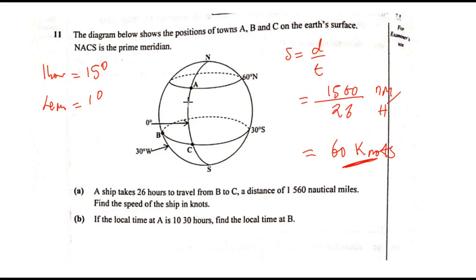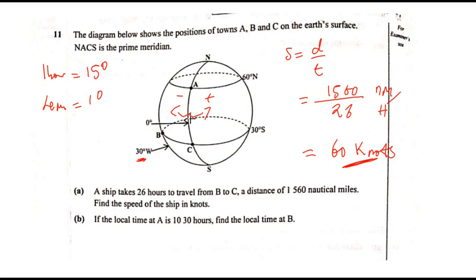For 15 degrees to the west of the Greenwich meridian, we subtract 1 hour. For 15 degrees to the east of the meridian, we add 1 hour. For 1 degree further west, we subtract 4 minutes, and for 1 degree further east, we add 4 minutes.